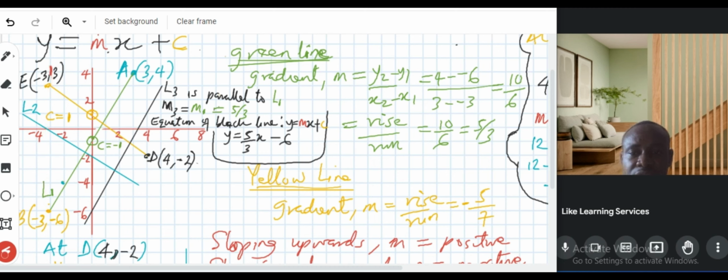Okay, let's count properly: 1, 2, 3, 4, 5, 6, 7, 8, 9, 10. That's the rise. The run is 1, 2, 3, 4, 5, 6. So rise is 10, run is 6. So gradient is 10 over 6.